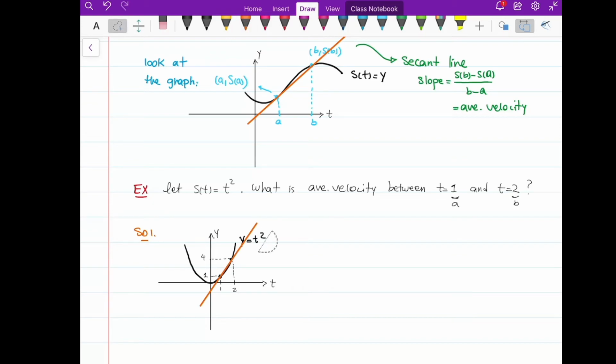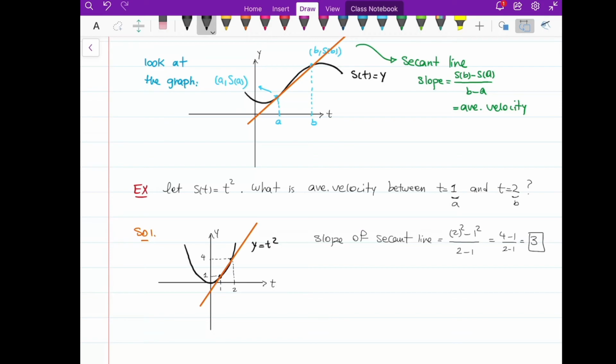So I'm gonna say that the slope of the secant line is the average velocity that I wanted, which would be the function at the second point, which is 2 squared, minus the function at 1, which is s of a, 1 squared, over 2 minus 1. So this is 4 minus 1 over 2 minus 1, so this is 3.